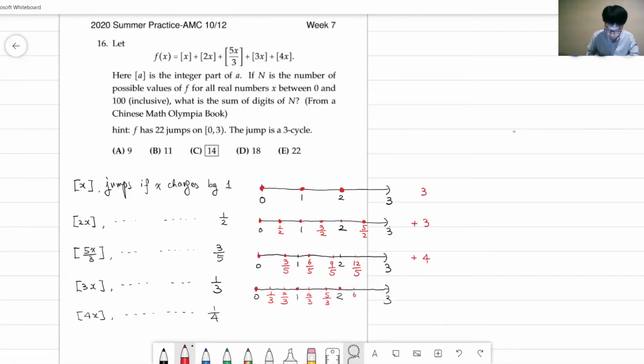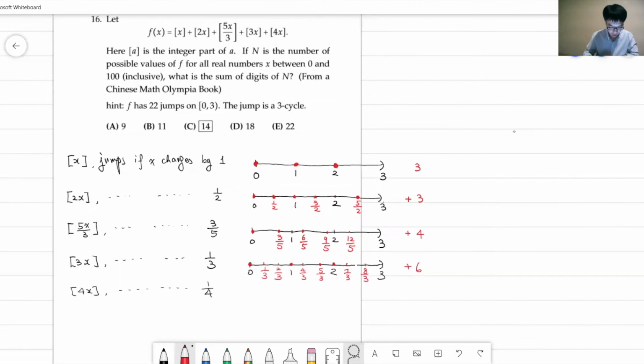Then 6 over 3 is just 2. So we have 7 over 3 here. Let me write 7 over 3 and 8 over 3. So these are new numbers. We have 6 new numbers. So we add 6 here.